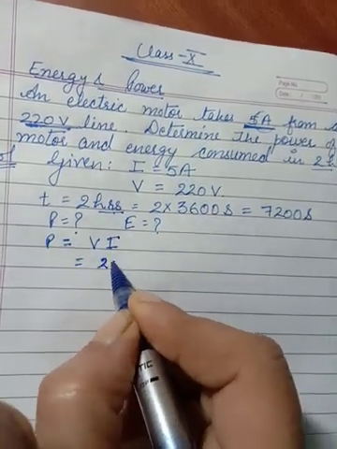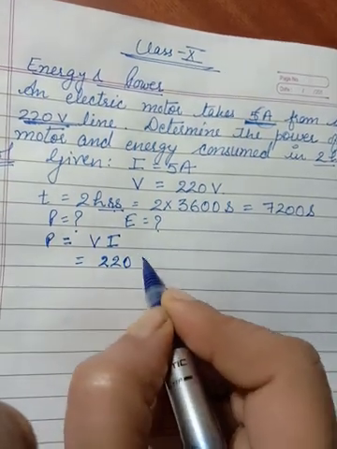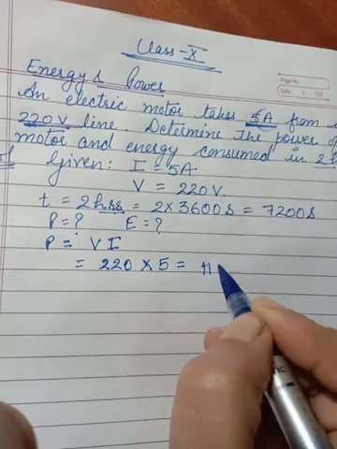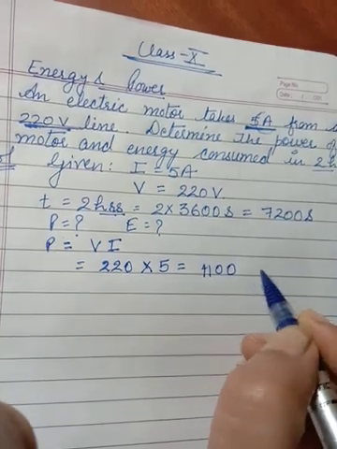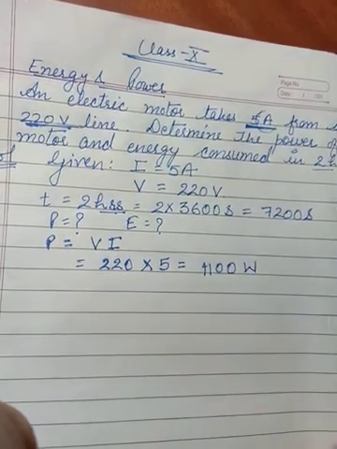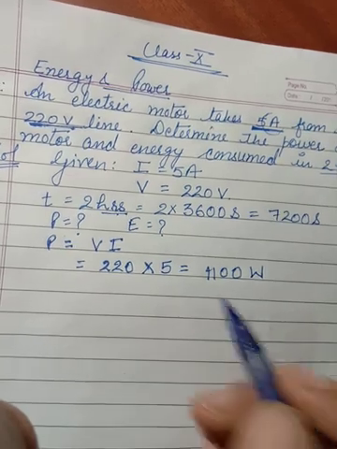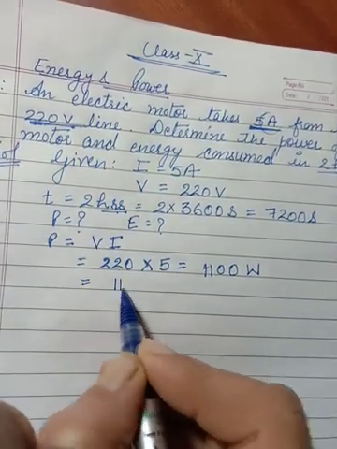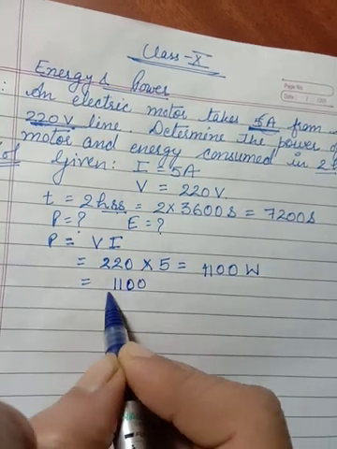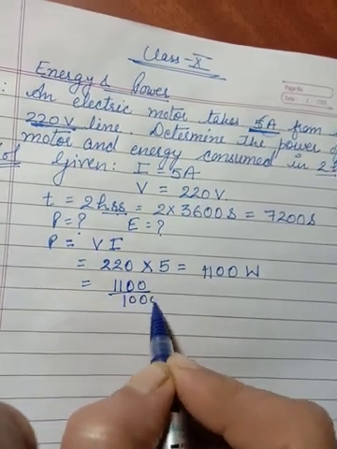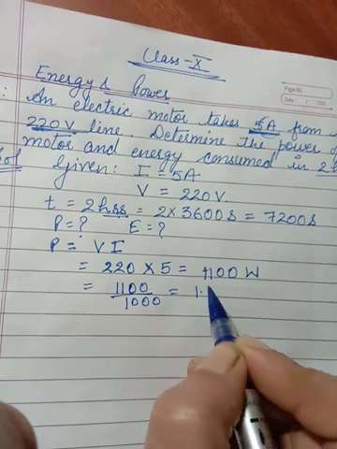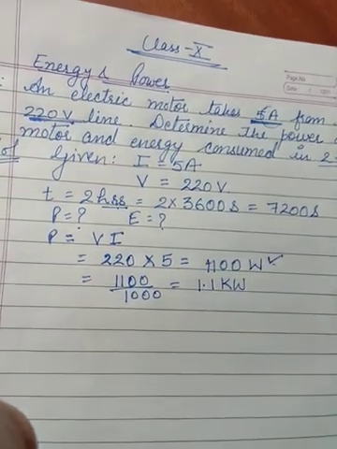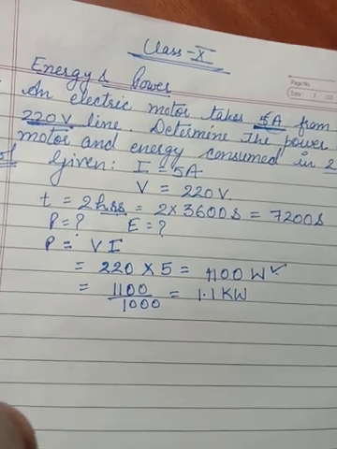So potential is 220 into I is 5, and it comes out to be 1100 watt. Watt is the SI unit of power. Or we can also write it as 1100 upon 1000, it becomes 1.1 kilowatt. You can express your answer in watt also or in kilowatt also.